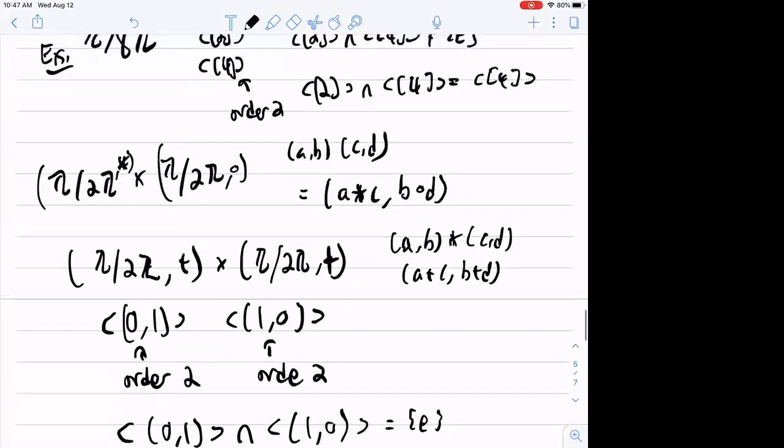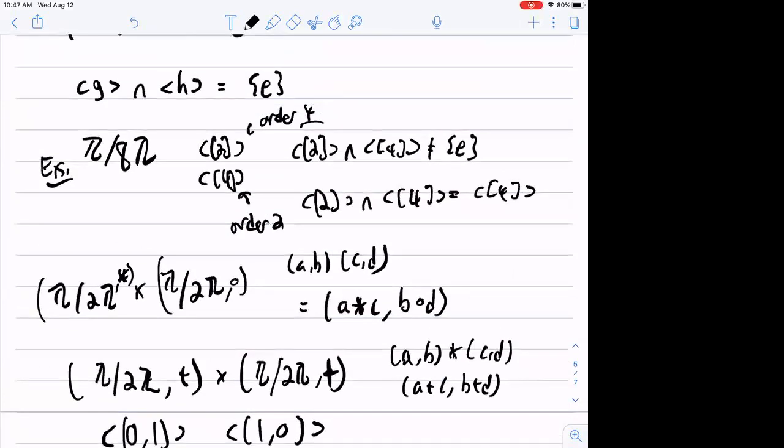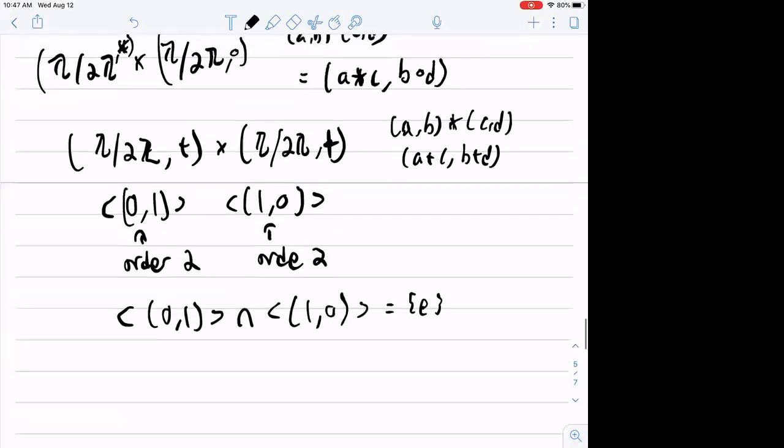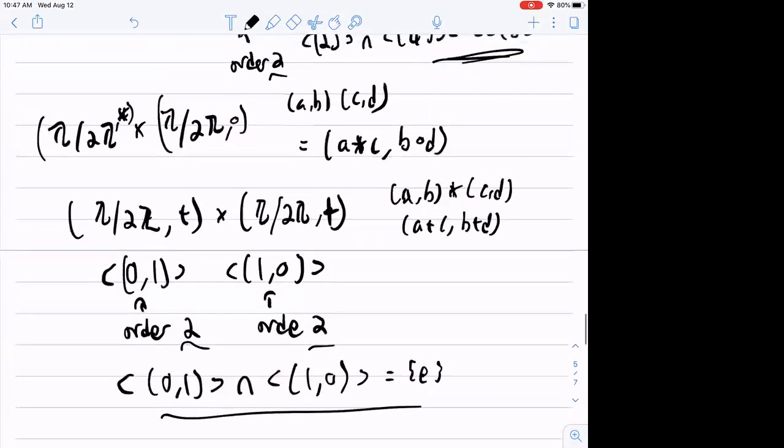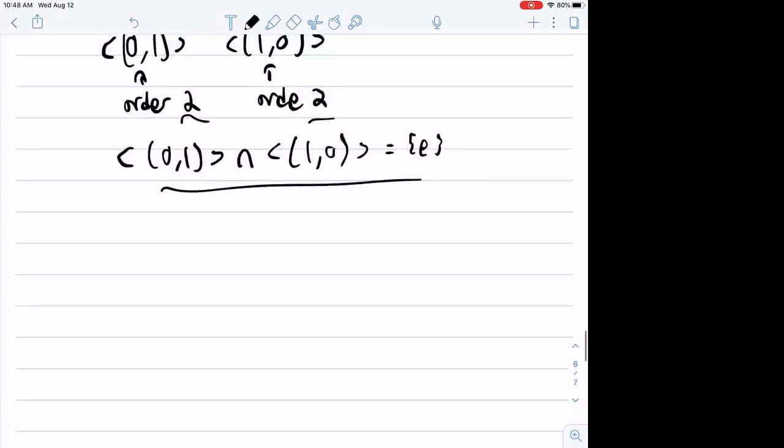So basically the answer depends on the group. Here, it's not coprime because the GCD of 2 and 2 is 2, and in the earlier example the intersection is not the identity. But in this case, it is the identity. So there's no set result. It depends on what your group is. Does that answer your question?